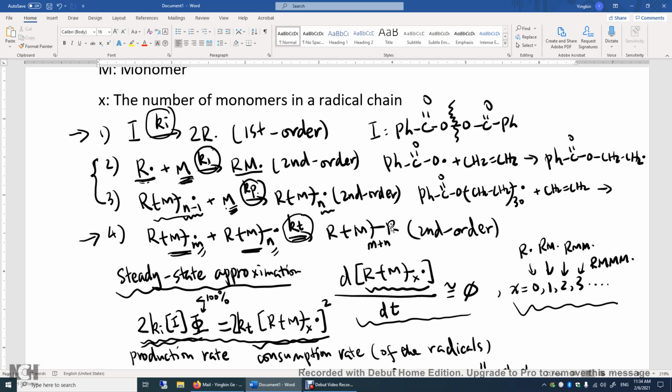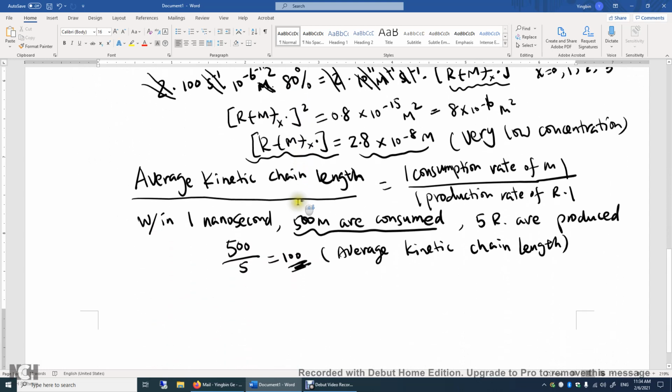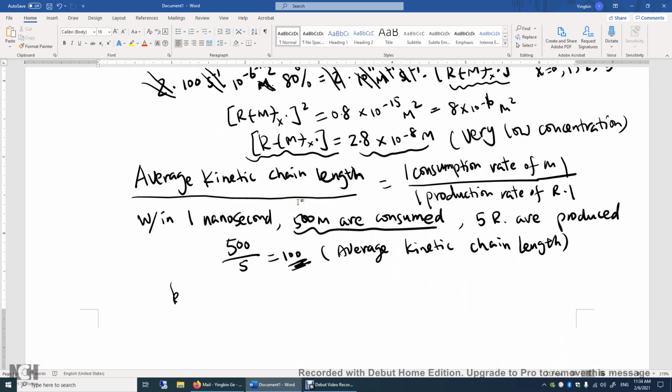Well, if you look at the left-hand side, it's just a radical attacking M, a radical attacking M. Usually they are fast. So K1 and Kp are usually both a pretty large number, all right, but not as large as K sub t. So I'm going to make up the number. Let's say Kp is, let's say, 10 to the power of 9.